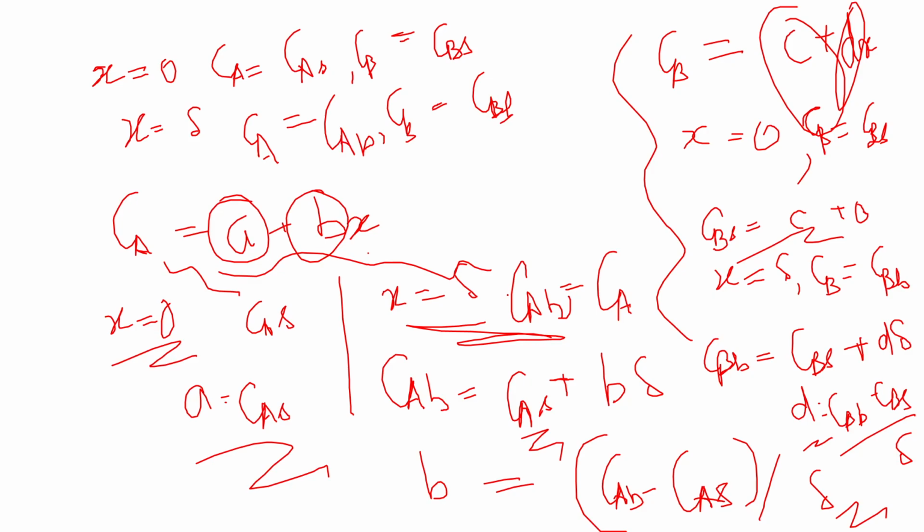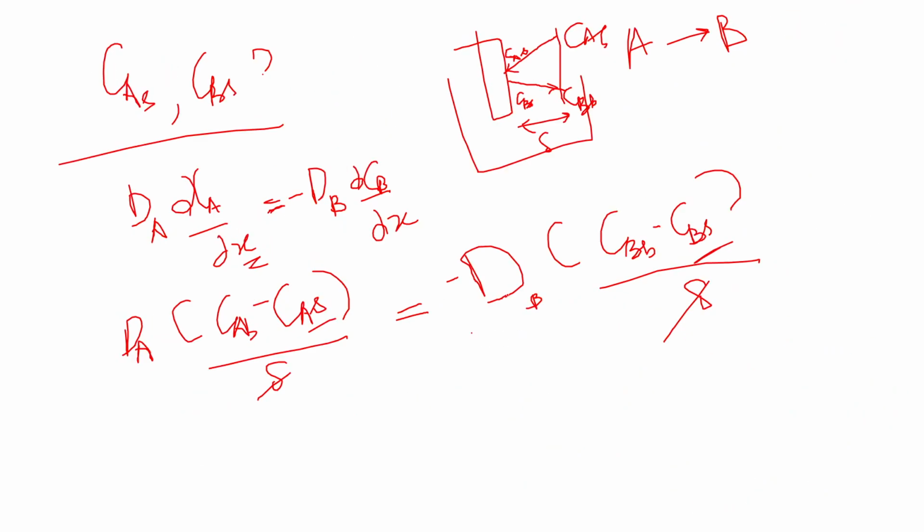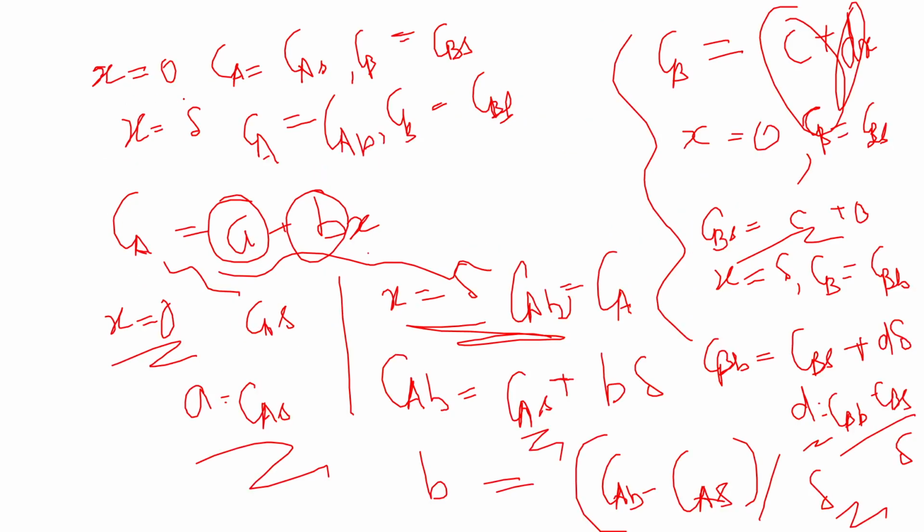Earlier we derived B equal to CBB minus CBS divided by delta. So here dou A is equal to CAB minus CAS upon delta. From which equation have you written this? I couldn't get the logical sequence.